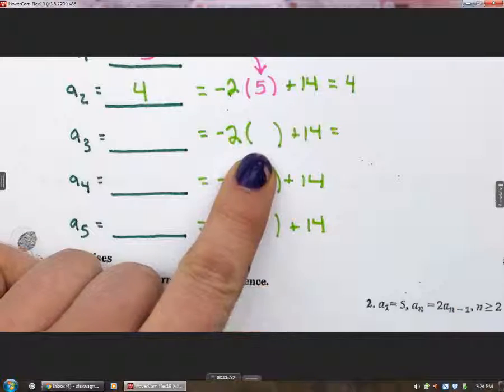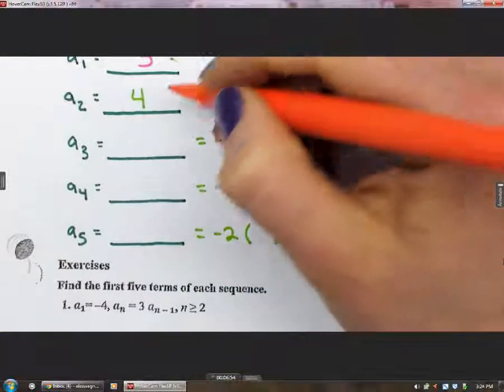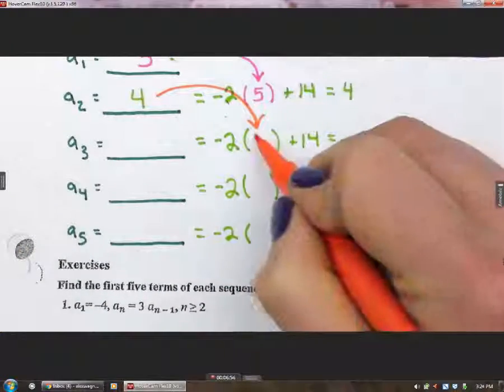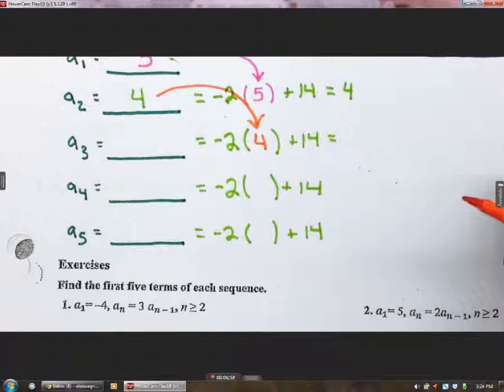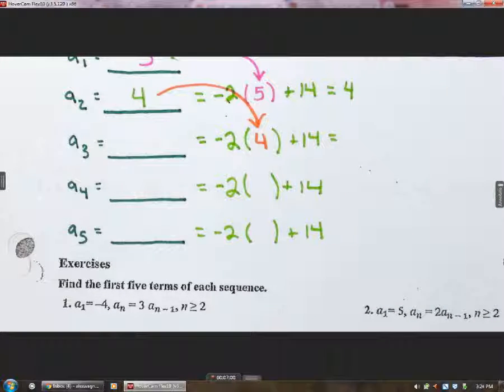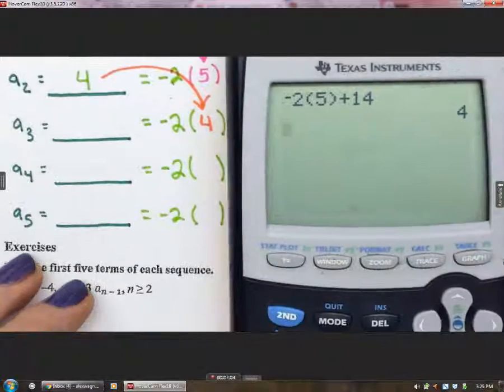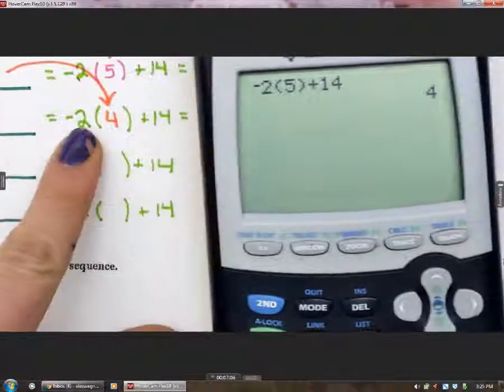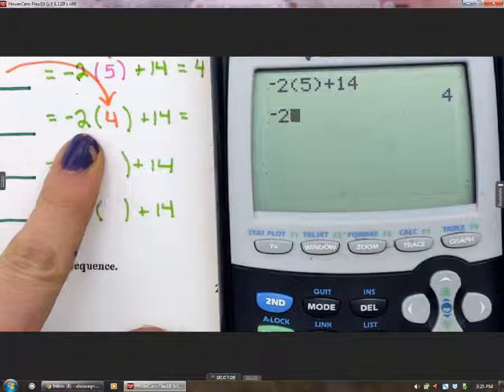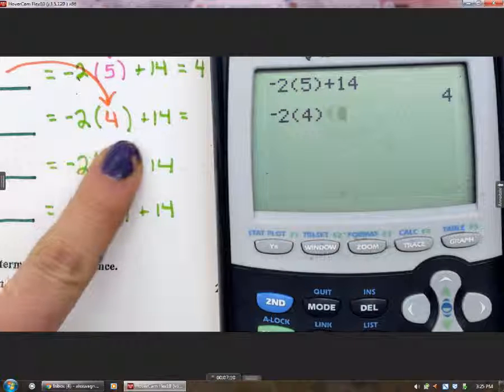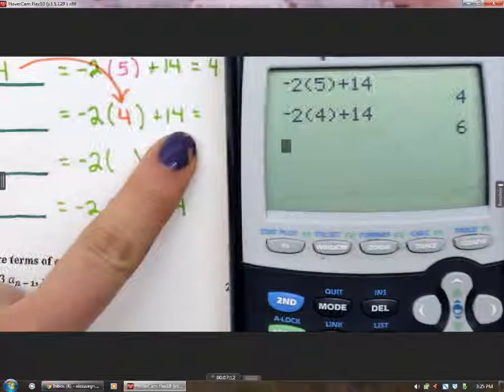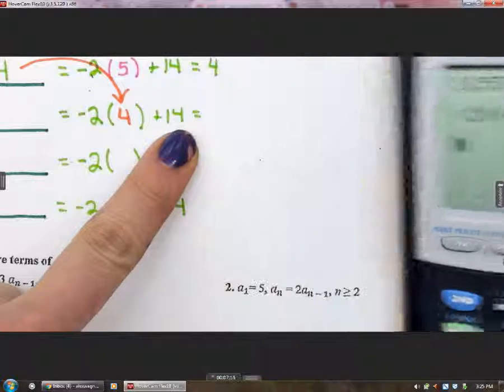On the next step, I'm not going to plug in a 5. What am I going to plug in? A 4. So let's try it. Negative 2, parenthesis 4, plus 14 equals 6.